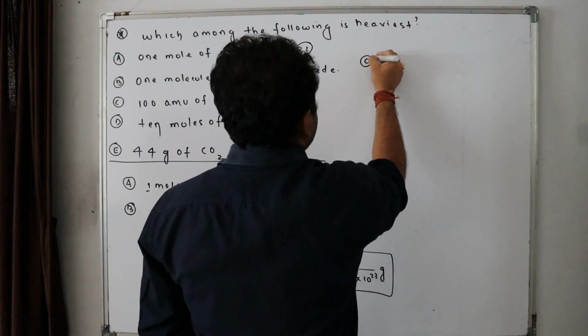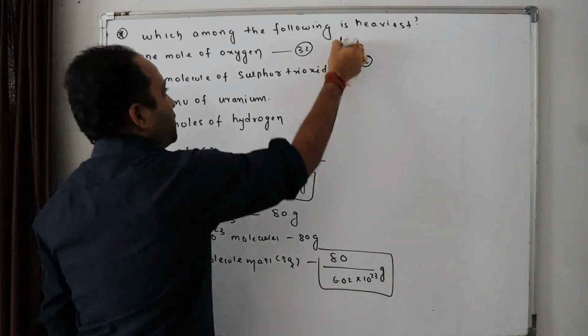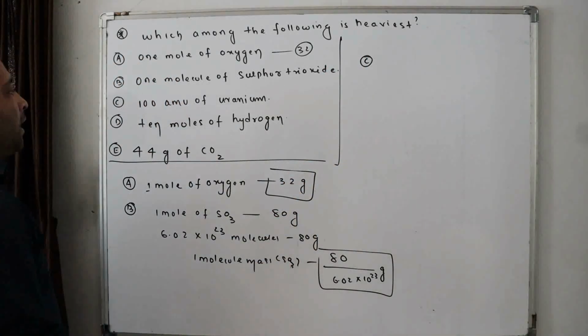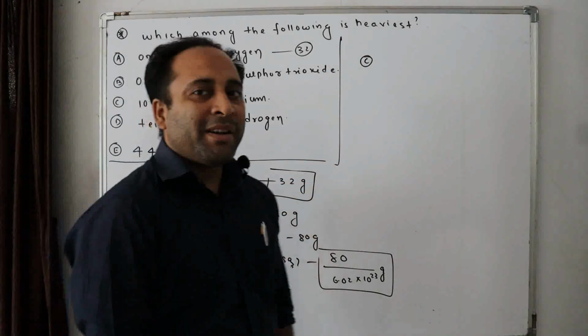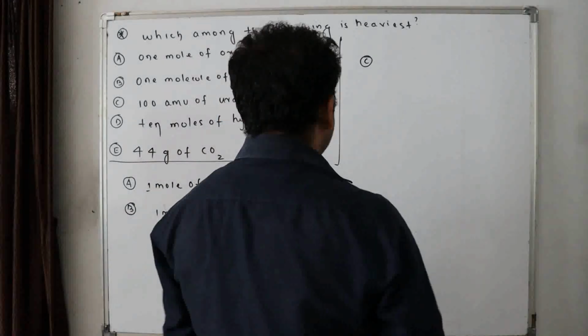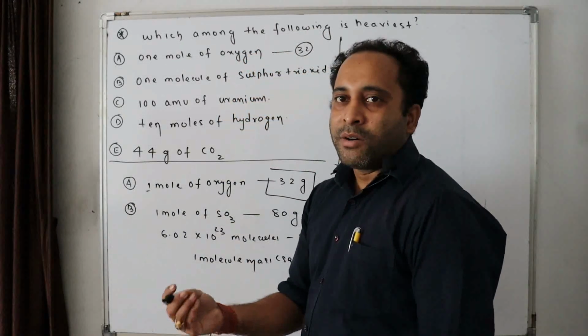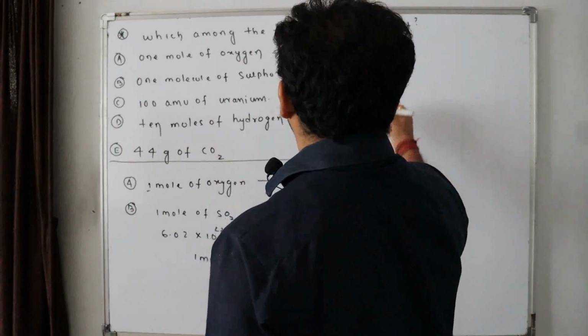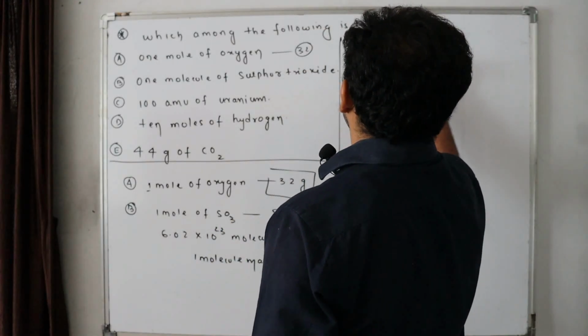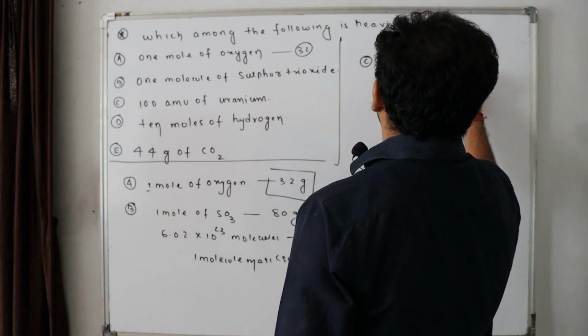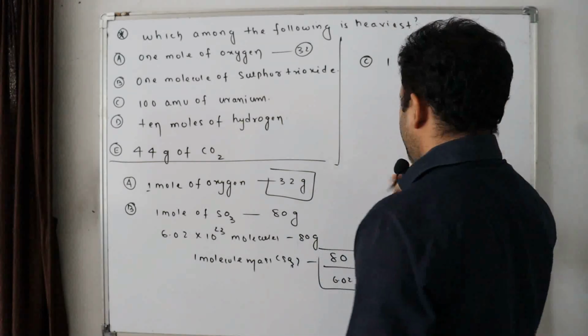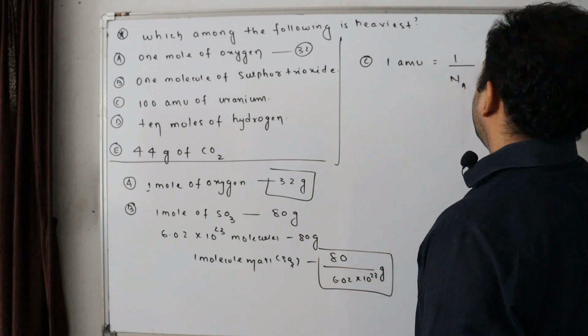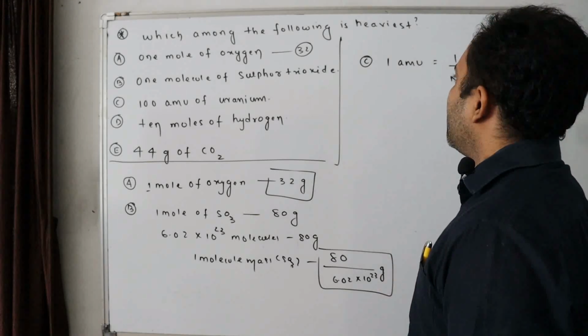Now comes C. What is there in C? C is 100 AMU of uranium. Do you remember AMU? Mass of one nucleon, isn't it? Now we know that 1 AMU is equal to 1 by Avogadro's number, 1 by 6.02 into 10 to the 23 grams, isn't it?